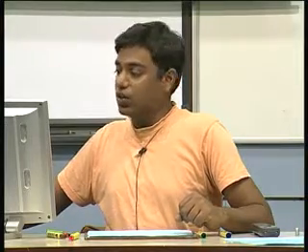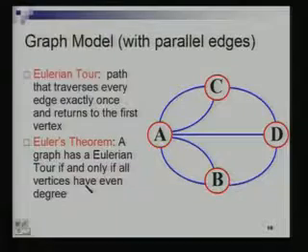So we cannot do it. Why can we not do it? There is a very simple reason. Euler's theorem says that you can do this if and only if every vertex has even degree. Why? Because when you come to a vertex, you come by one edge and then you have to go by another edge, and if you come again, then you will need a fresh edge to go off by.